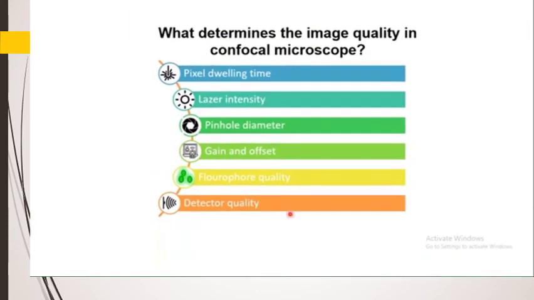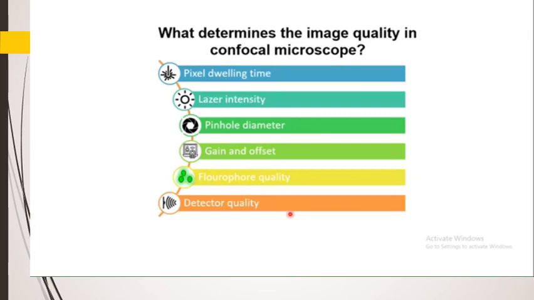Now I would talk about what factors determine the image quality of a confocal microscope. Simply the pixel dwelling time, laser intensity, pinhole diameter, gain and offset, fluorophore quality and detector quality, all these factors are important in determining the confocal image quality.